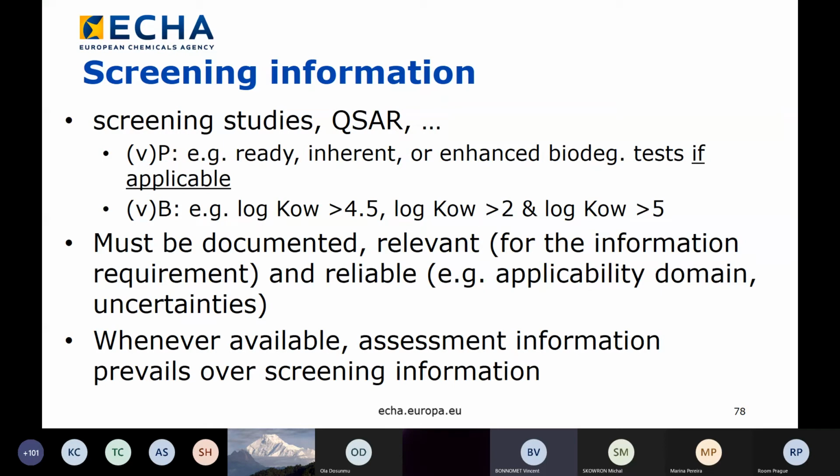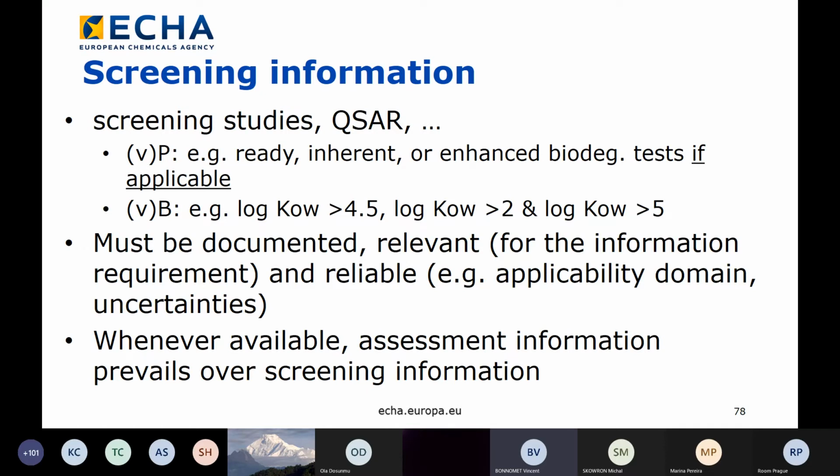Of course, screening information, as the rest of information, must be properly documented. It should be relevant for the purpose of the information requirements. I mean, if the legal text is asking for biodegradation, you are not supposed to provide dissipation.